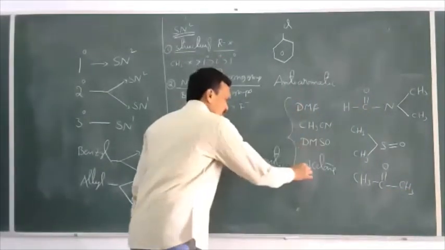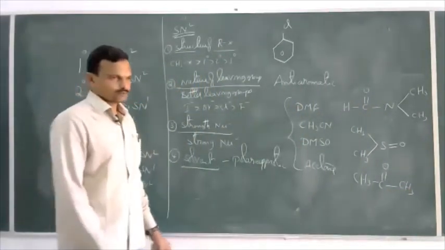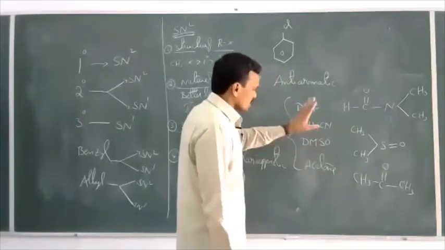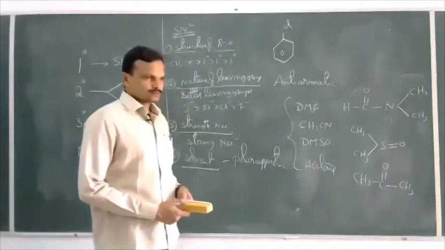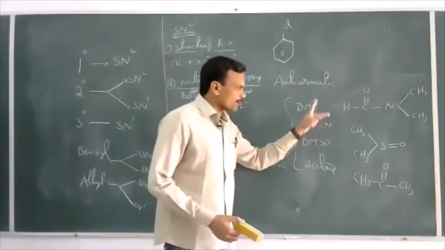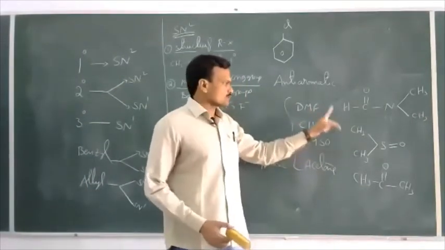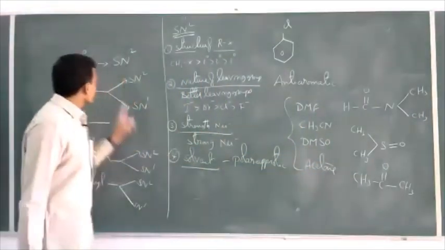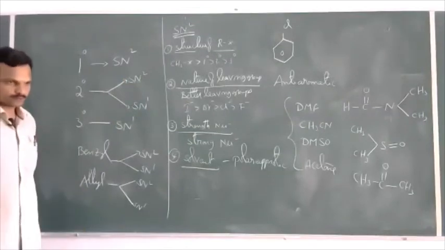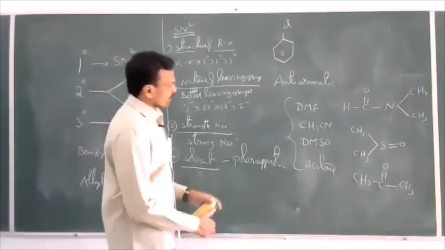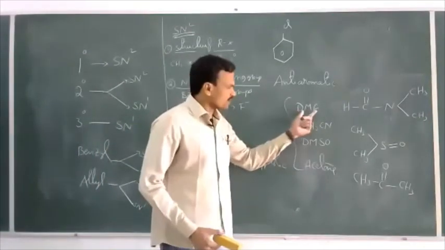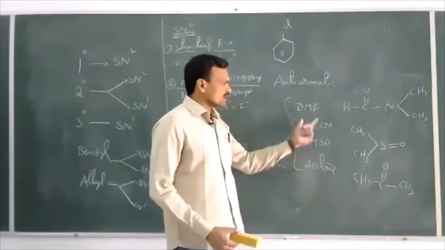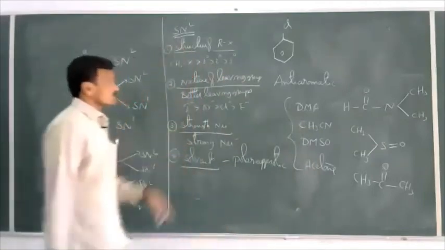See, these are all polar compounds. All the compounds I mentioned here are polar, but none can release protons. So these are polar aprotic solvents. These polar aprotic solvents are favorable for the SN2 mechanism. And among these, the preference order is DMF > CH3CN > DMSO > acetone. This is the order of preference of solvents for the SN2 mechanism.